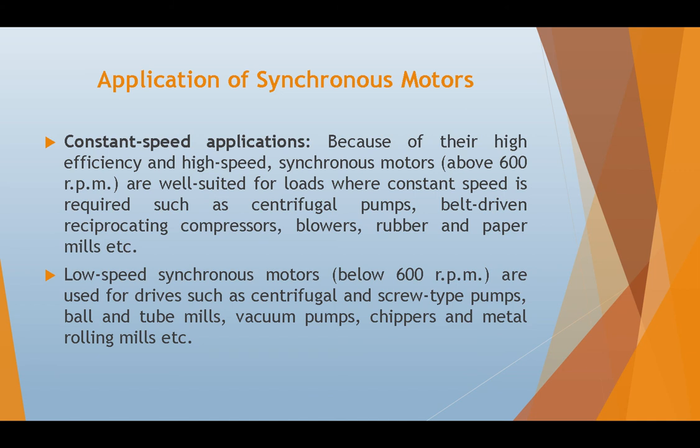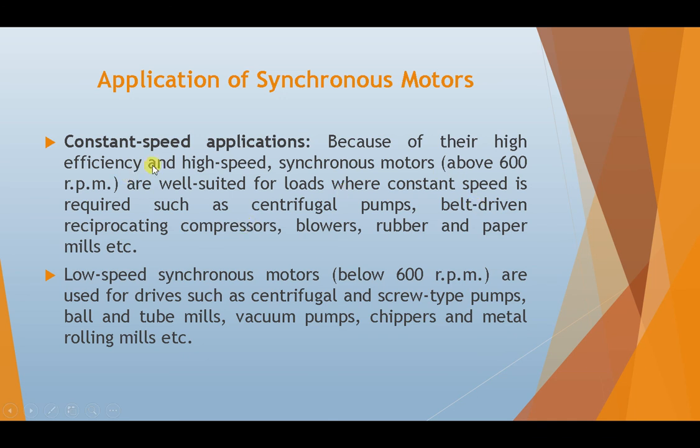Now the applications of the synchronous motor. The first one is the constant speed application. We know that a synchronous motor runs at a constant speed, that is the synchronous speed.